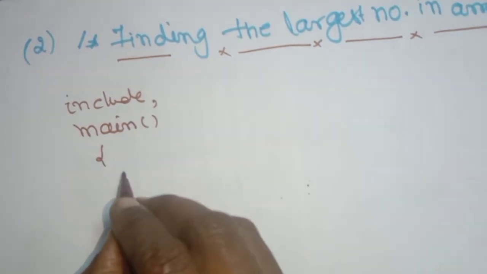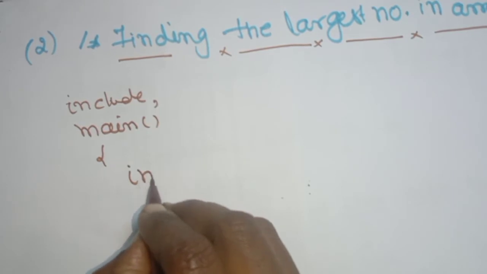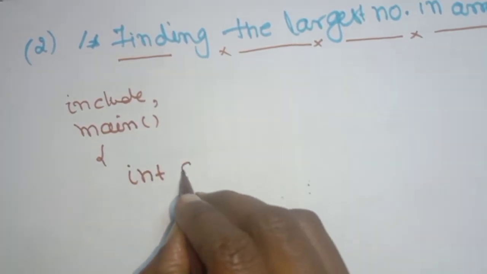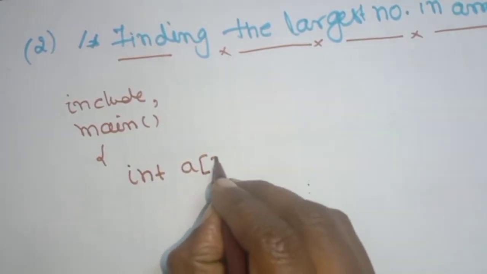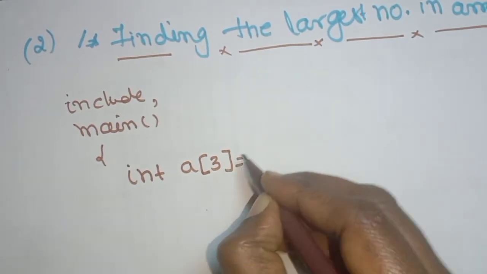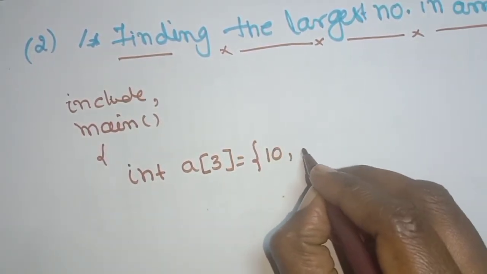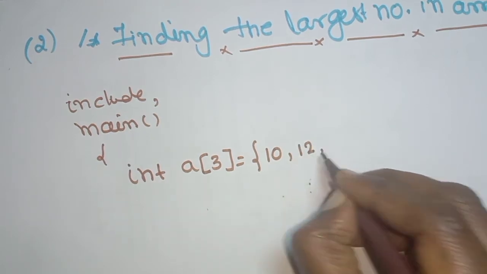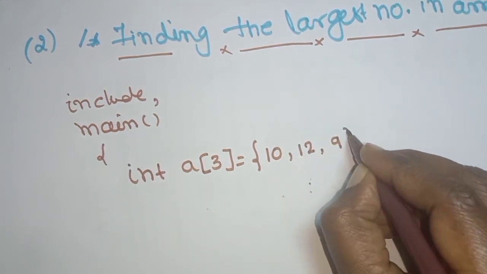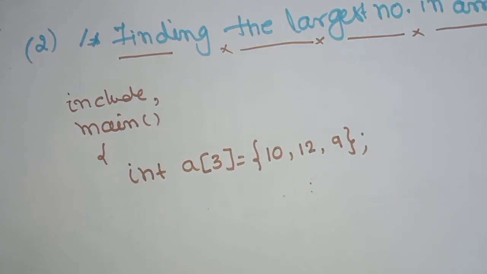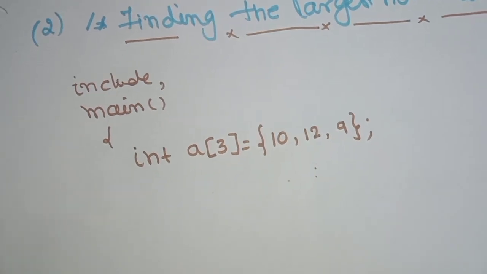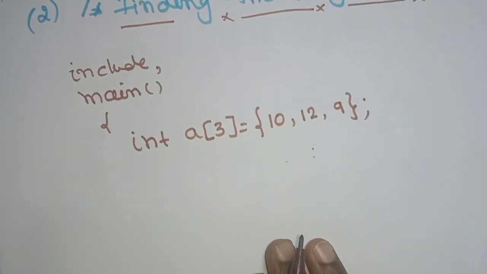Next, opening brace. Next is the declaration. Here for easy purpose I will take only three variables. int a[3] is equal to, I will assign the values here. I am not going to read those values: 10, 12 and 9. So that for me the analysis is easy. That is why I have taken only 3.